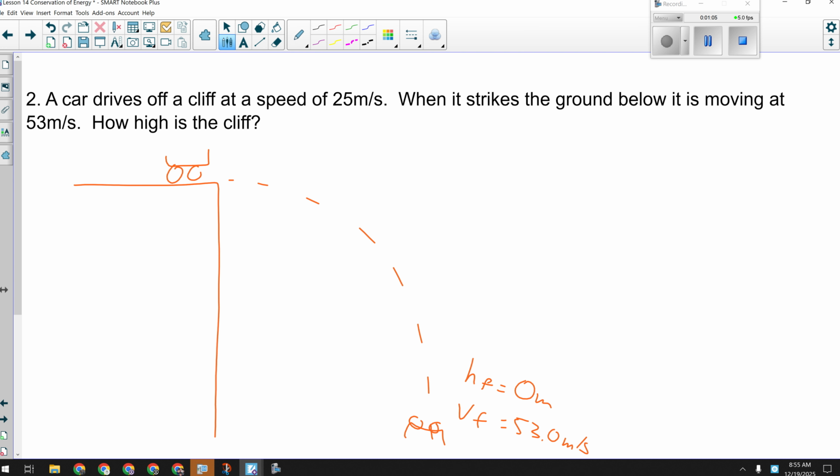Up here, we don't know what the initial height is. That's what the question wants us to calculate, but we do know that the car was driven off at 25 meters per second.